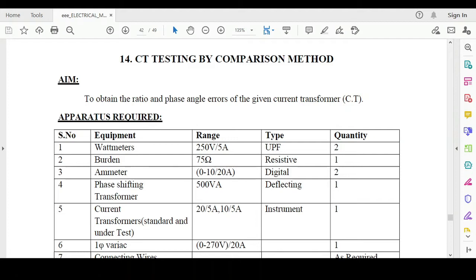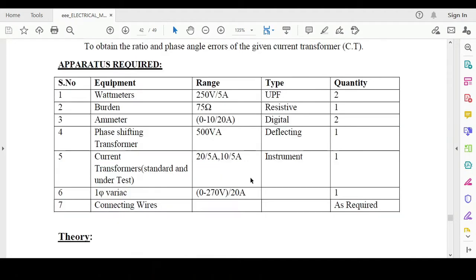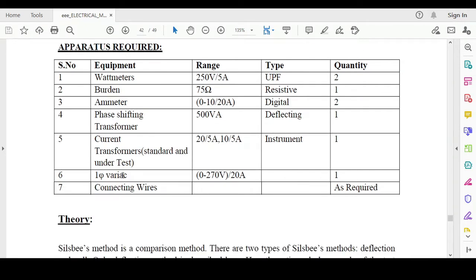That means we need two transformers here. One is standard transformer, another is under test transformer, and we will be needing one single phase variac to vary the input voltage to the standard transformer, and connecting wires to connect the terminals.